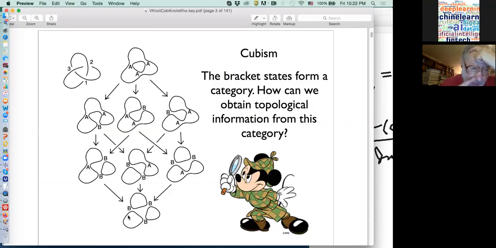And so this is actually a finite category in the sense that there are no infinite compositions of arrows because they all go from one vertex of the cube eventually down to the other vertex of the cube. And of course, if you're going to think of it as a category, then every object has an identity morphism as well.